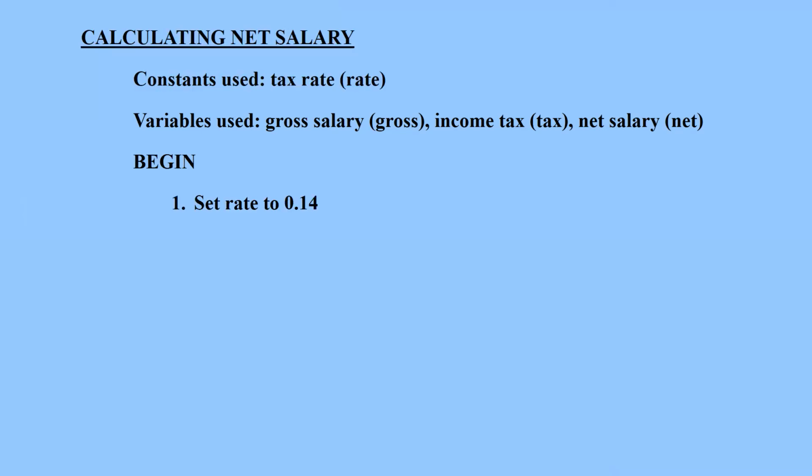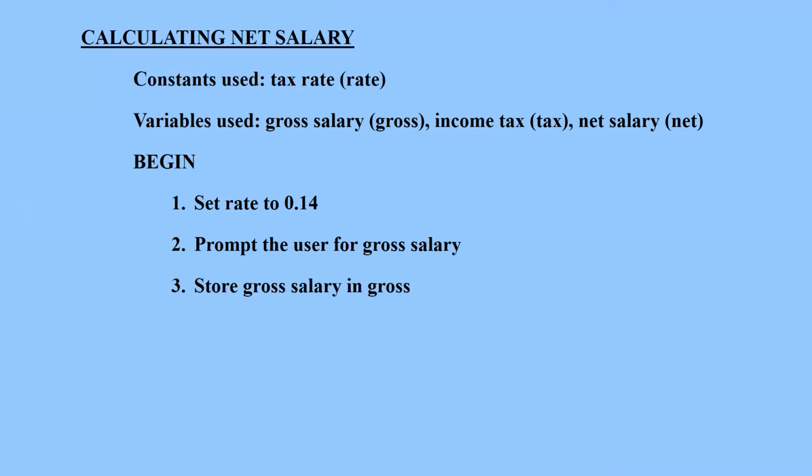Step one, I'll begin by setting the rate to 0.14, that is 14%. Step two, I'll prompt the user for the gross salary. Step three is to store the gross salary in gross. Step four is to set tax to rate times gross.